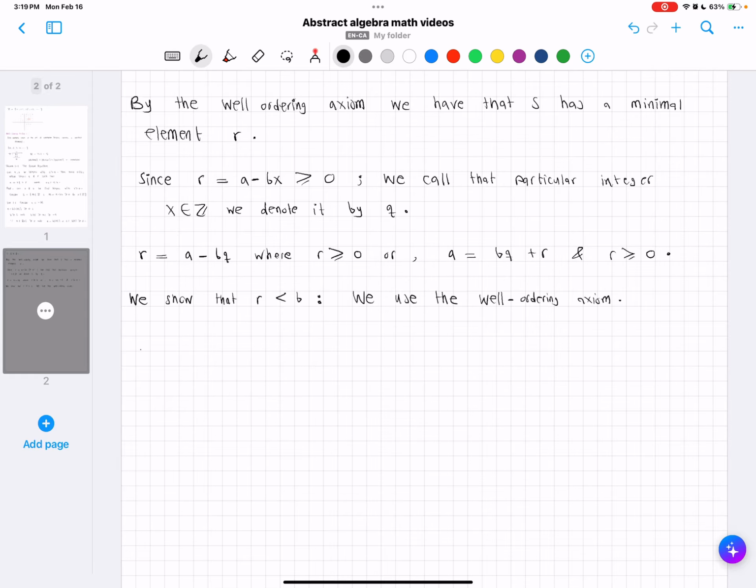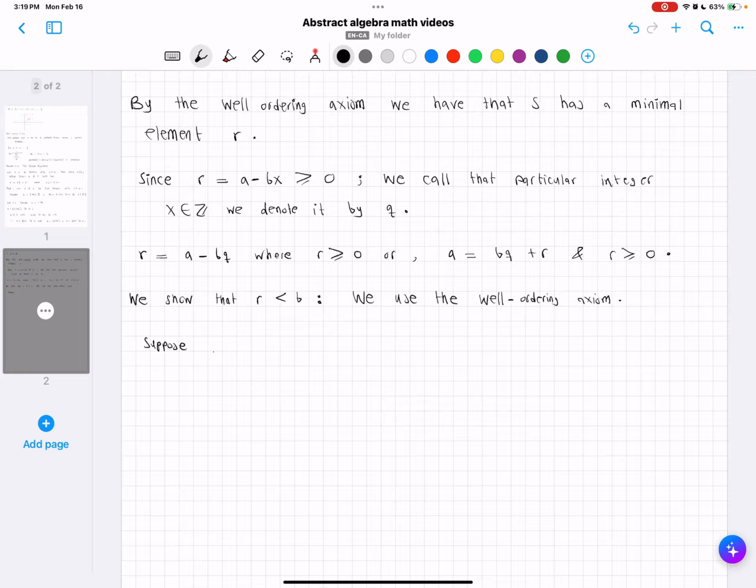So the main idea really rests on what I have said before: let's say you get that R is bigger than B, then you can get a higher quotient and something which is less than B. So that is encoded by the well-ordering axiom.